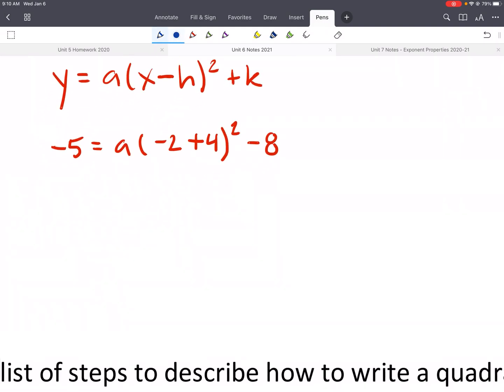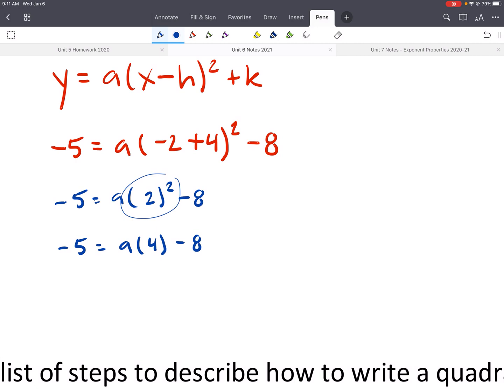So I'd simplify what's in that parenthesis. So that gives us negative 2 plus 4, that gives you 2 squared minus 8. And then we can square it. And then we're going to use opposite of PEMDAS to get a by itself.